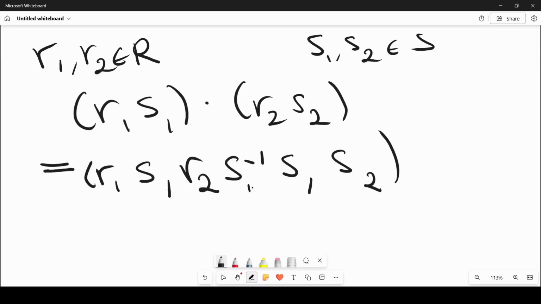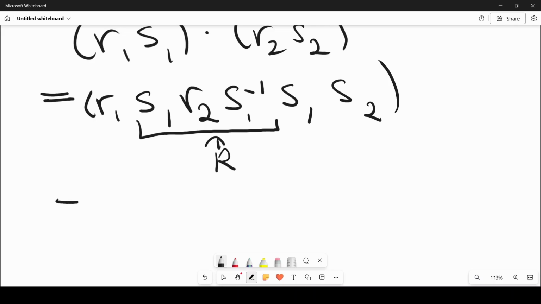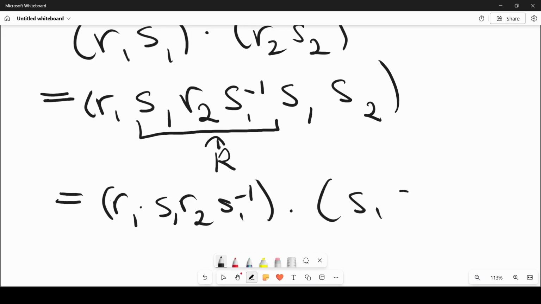But now what I can do is I can notice that this thing right here is actually in R because R is normal. So when I do S1 R2 S1 inverse, it's still going to be in R, which means now I've written this as something in RS. It's something which is R1 times S1 R2 S1 inverse. This thing is in R because it's something in R times something in R times S1 S2. And this is clearly an S.